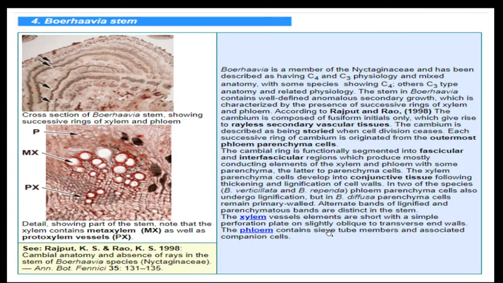Sieve tubes are like a sieve or net. In this way we know about the Boerhavia stem anatomy, which shows randomly placed or abnormal secondary growth. This secondary growth is not a normal development, that's why it is called anomalous secondary growth of the Boerhavia stem.